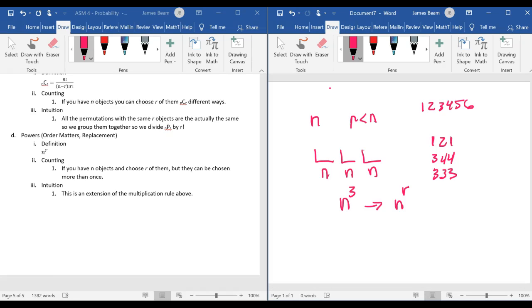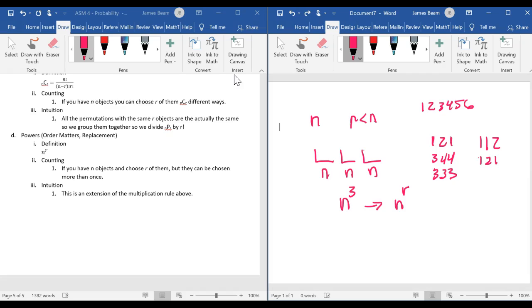Because 1, 1, 2 is different from 1, 2, 1. So it's like permutations, but there's a replacement. So these are like independent trials, right? So this is a little different game.